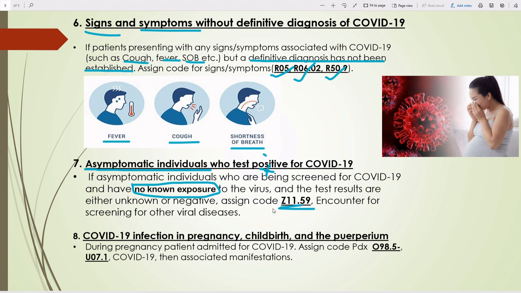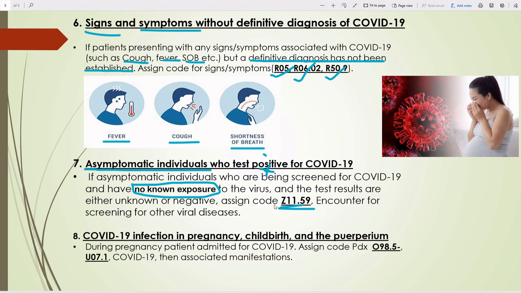Here the patient doesn't have any symptoms of COVID-19 and has no known exposure. So he doesn't know whether any exposure to the virus exists or not. At that time we have to assign Z11.59. This is the encounter for screening of viral diseases.